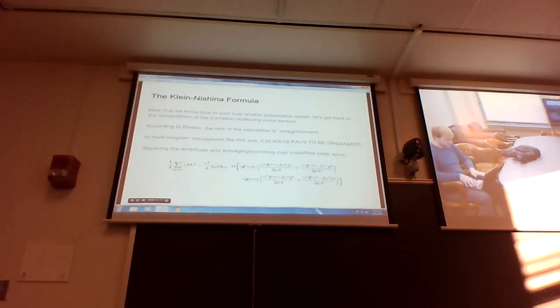The g mu rho and g mu sigma come from the sum over the polarizations of the photons. Notice also that I'm averaging over the initial spins. The electron has two spins, up and down, and the photon also has two polarizations, the two transverse polarizations.